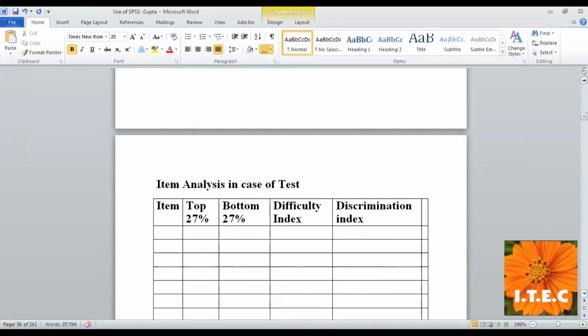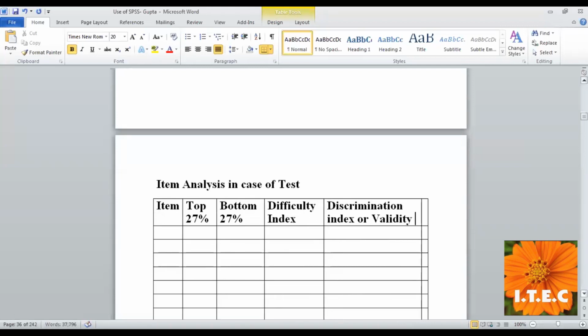Discrimination index is also called validity index.